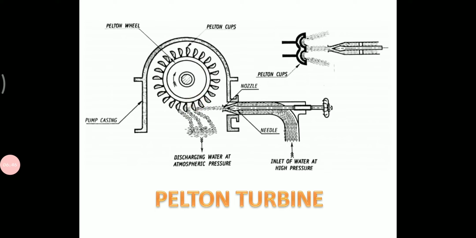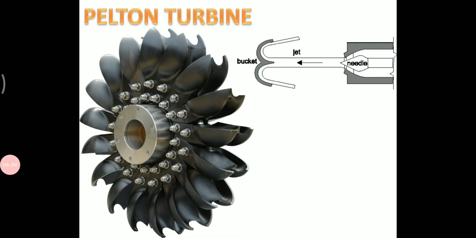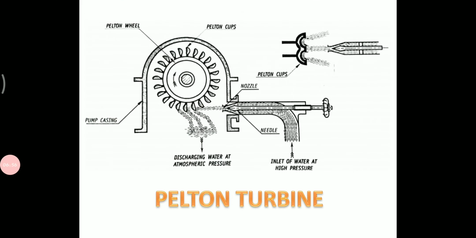Water will flow over these Pelton cups, making the wheel rotate in the direction of the impingement of the jet. Indirectly, I told you this Pelton wheel is connected to the input of the generator, where this mechanical work will be converted into electrical with the help of a generator. This is the working principle of the Pelton turbine.